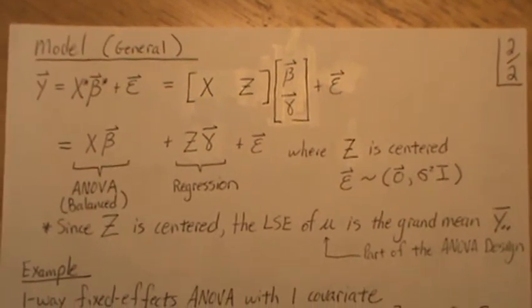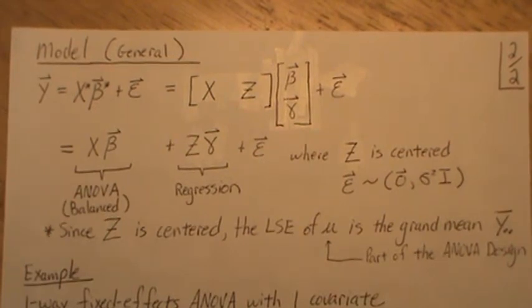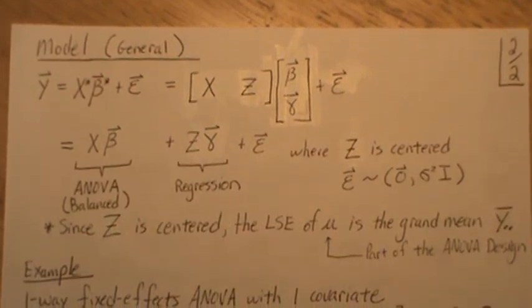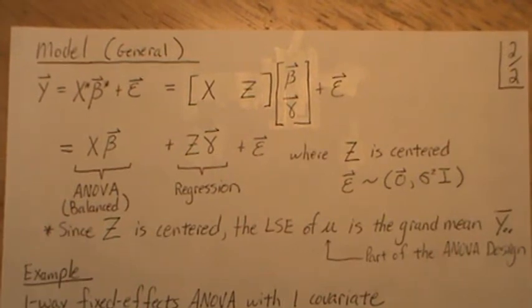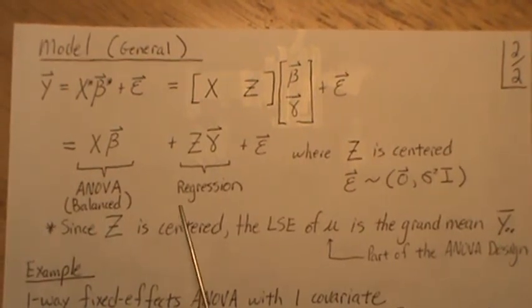And Z can be any number of regression variables that we think are related to Y. And really, the goal of this is just like any other design where we add variables and add information to help us reduce the overall variability in the model, which gives us more power to test for treatment differences.